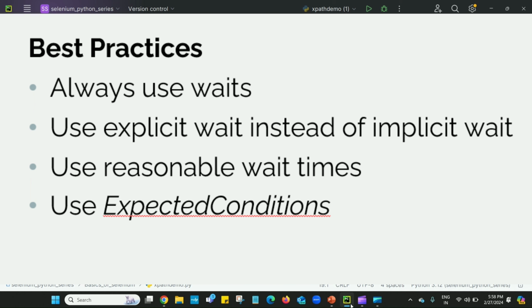Use reasonable wait times, because wait times that are too short can cause false negatives, while wait times that are too long can unnecessarily increase the total execution time of the test. And in explicit wait, use expected conditions. By doing this, we can ensure that our test will wait for appropriate conditions and fail quickly if the conditions aren't matched. So these are the best practices.